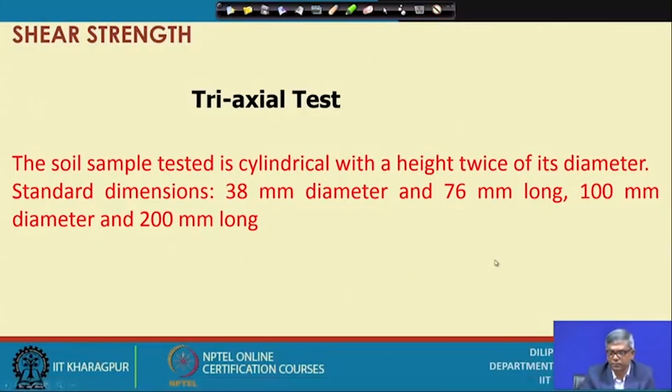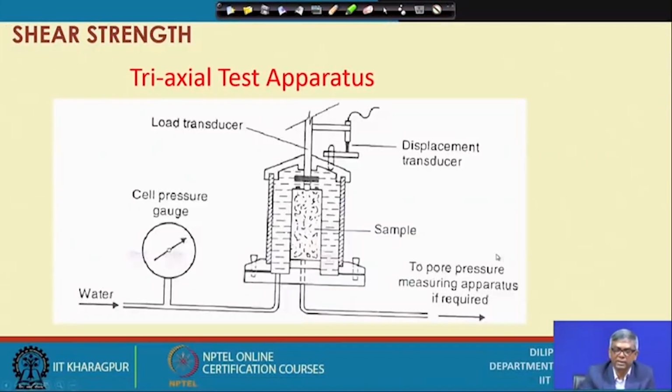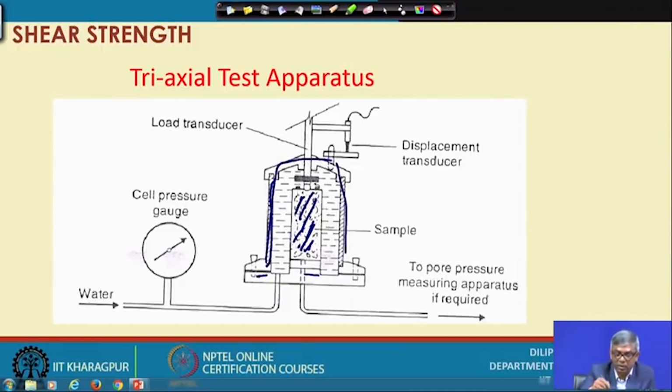Next, the triaxial test apparatus, how it looks like. As I have mentioned, this is the sample. This sample will first be erected on the pedestal stand on the machine, and then after erecting the sample, this chamber, this cell, will cover it, and all should be leak proof.